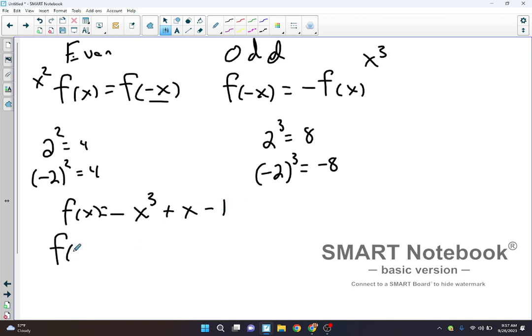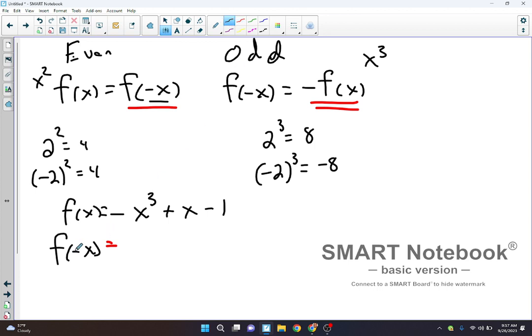So if I plug in a negative number, if I end up getting the same answer, aka this looks the same, then it must have been even. If I get a negative flip of this answer, like a perfect negative flip, not just some of it, but all of it, then it must be odd. And then there's an option of neither. It could be neither even or odd.